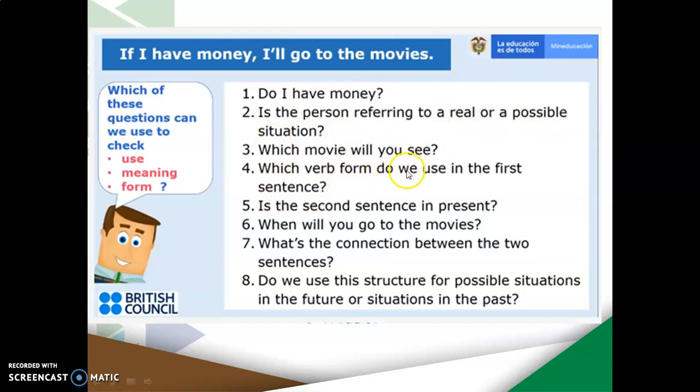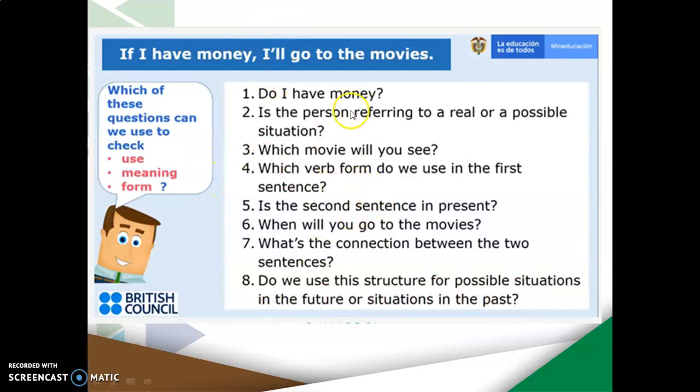Which verb form do you use in the first part of the sentence? Is the second sentence in present? When will you go to the movies? What's the connection between the two sentences? Do we use the structure for possible situations in the future or situations in the past?